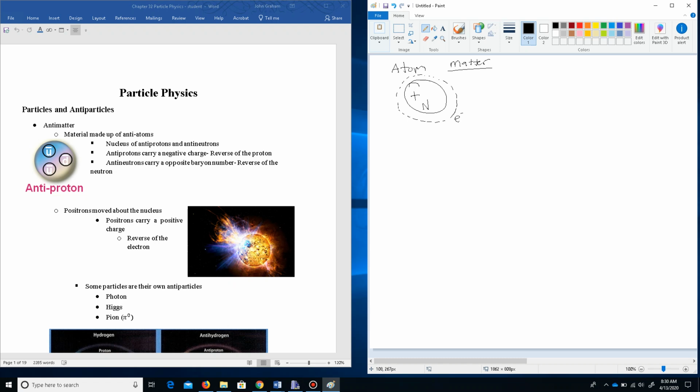We will see later that we have other particles that will deal with matter. We've actually seen one already, which would be a neutrino.